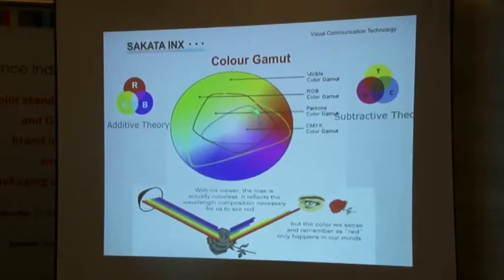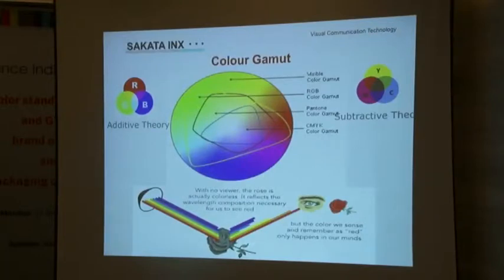So when printing comes into play, we are left with CMYK, which comes through the subtractive theory. What we see is whatever is reflected; in RGB, the energy of the light intermixes with each other.